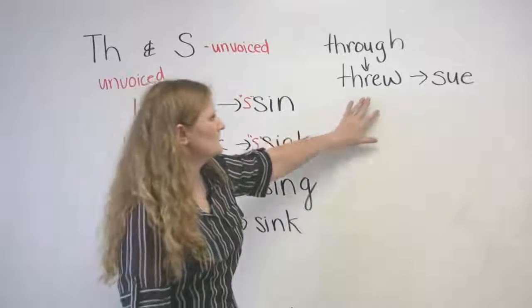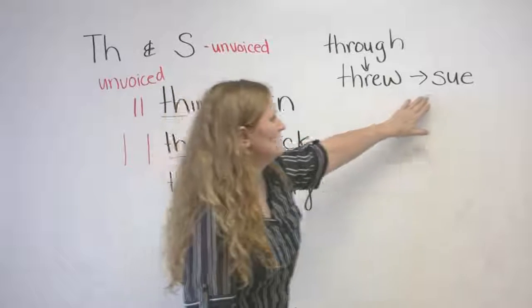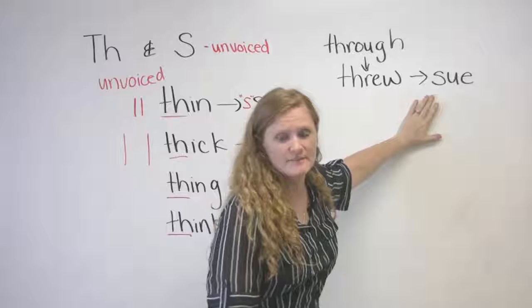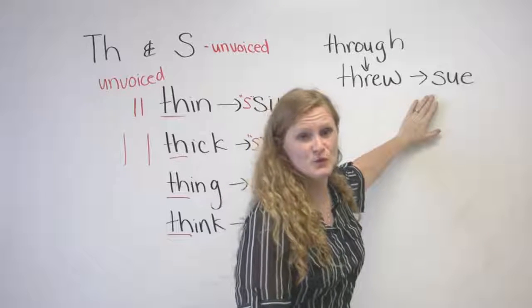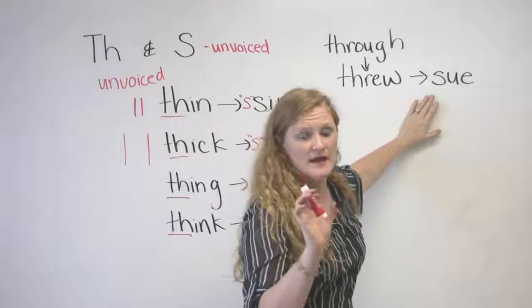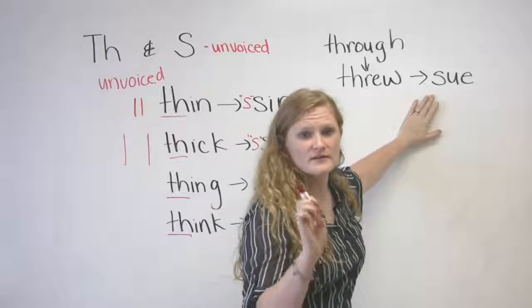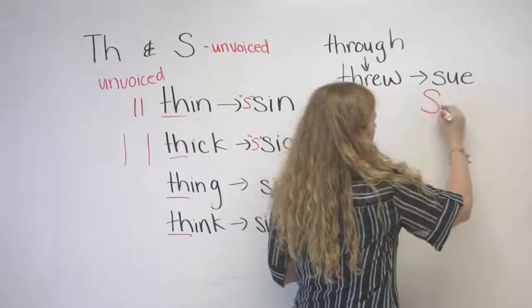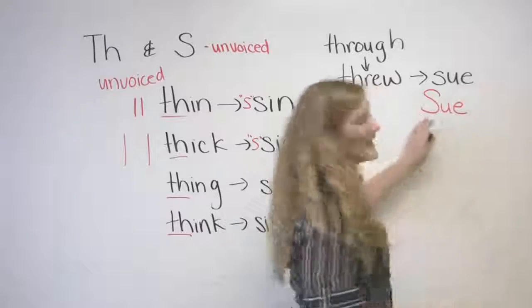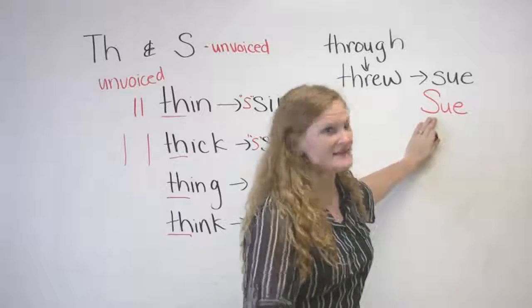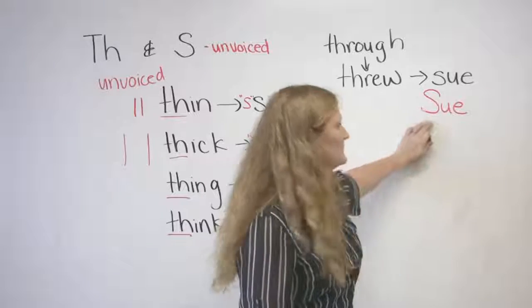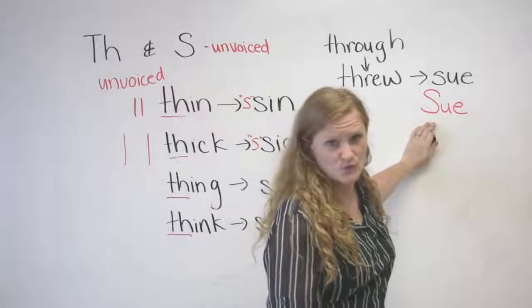Now, a word that we have is a name, a lady's name, which is Sue. But anytime you write a person's name, you have to make it a capital or a big S. So if it is a girl's name, there's going to be a big S, Sue.